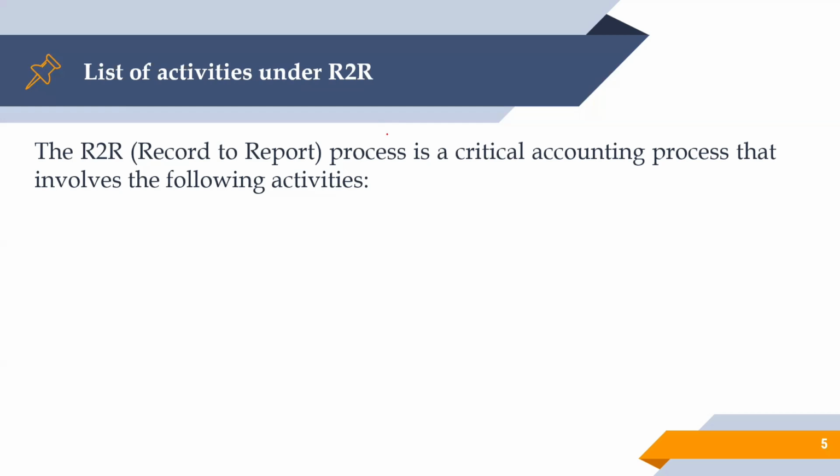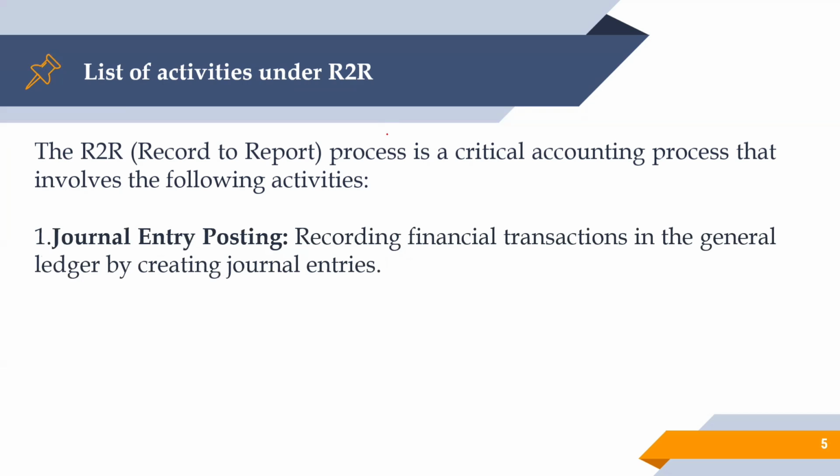When we are looking to jump into R2R, what sort of activities will there be, how will these activities impact your day-to-day work, what sort of work you are going to do every day, and what sort of work will be there at month end. We are going to discuss everything here. So again, I request all the members to be with us till the end to get more insight into accounting and finance. The first is going to be journal entry posting.